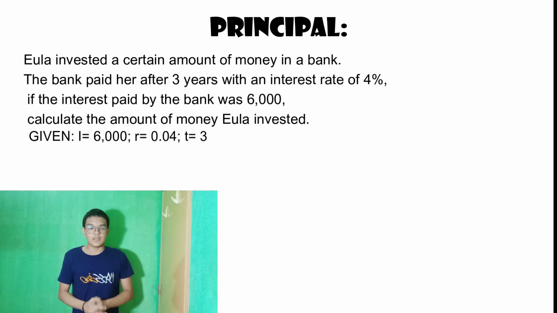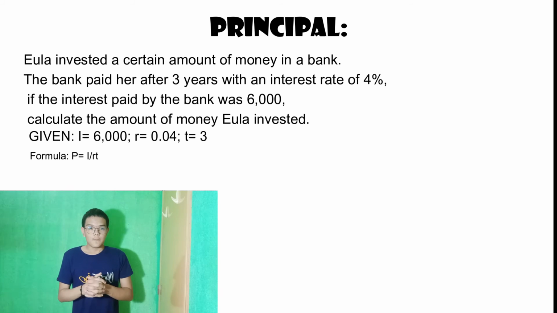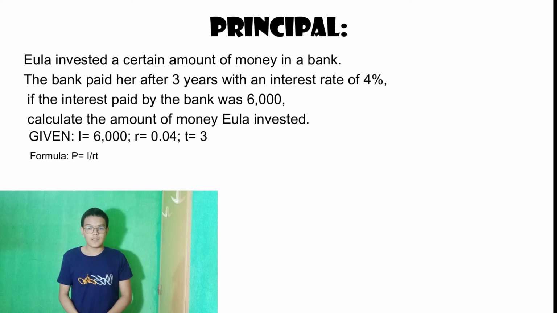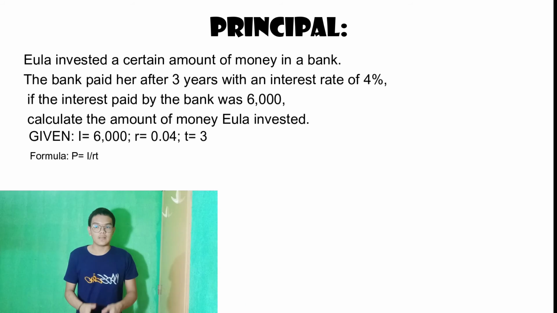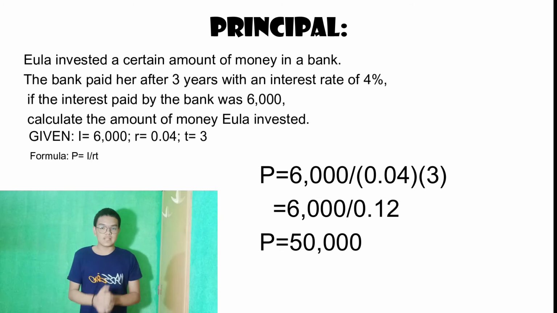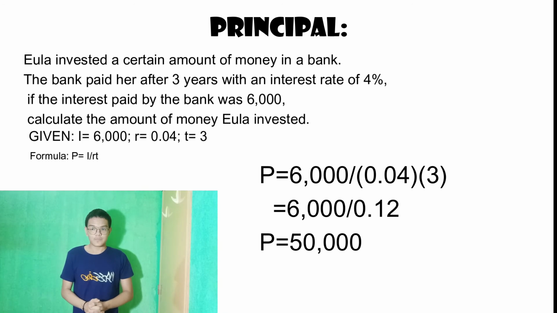After that, we must find the formula. The formula that we will use in this problem is principal equals interest over rate of interest times time. Now that we know the formula, we must substitute the given values. So it would now become 6,000 over 0.04 times 3.